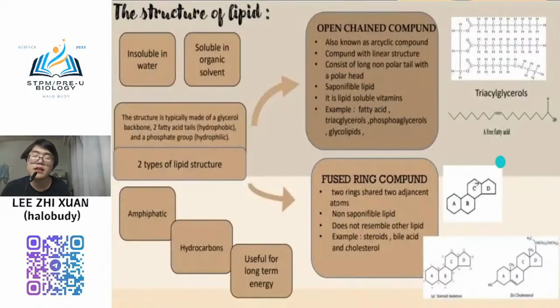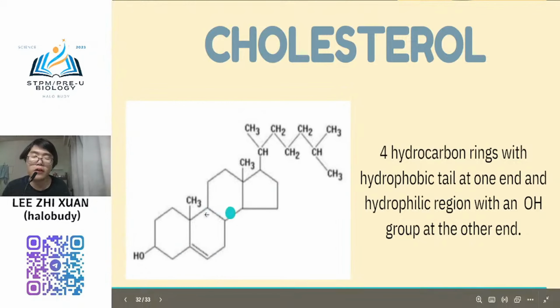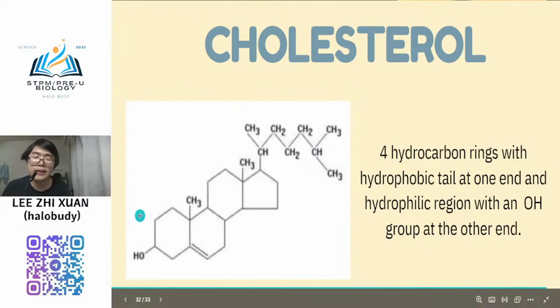Okay, so this is just a repeat. The cholesterol structure has 4 hydrocarbon fused rings: 1, 2, 3, 4. It has the hydrophobic tail at one end and the hydrophilic region, with the OH group, at the other end.